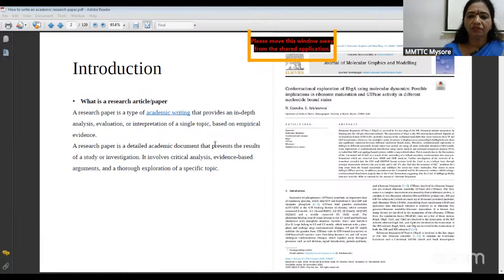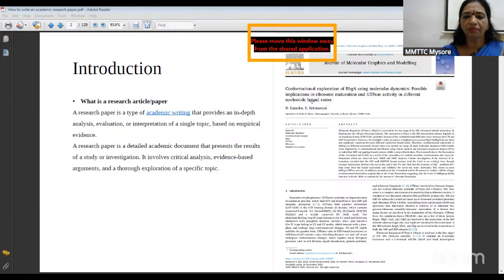If we want to publish a paper, first of all, we should have some background work for writing a paper. So now I am going to tell you what a research paper is, what the main structure of a research paper is, and how to deal with writing a research paper. On the right side, you can see one of our research papers in the Journal of Molecular Graphics and Modeling.